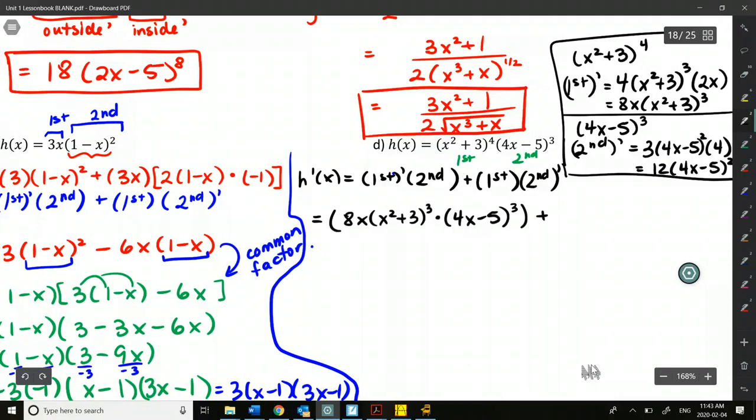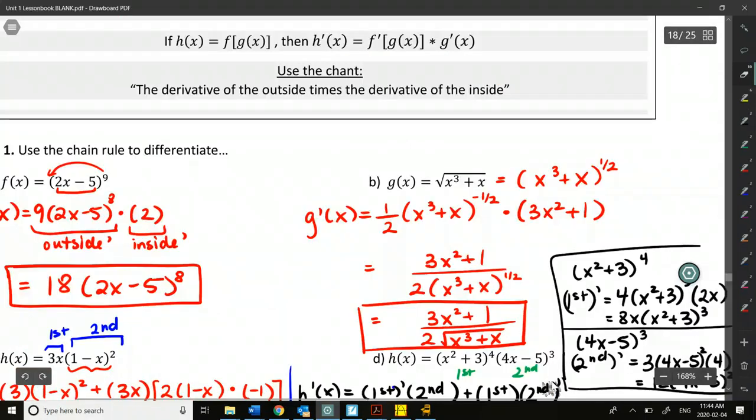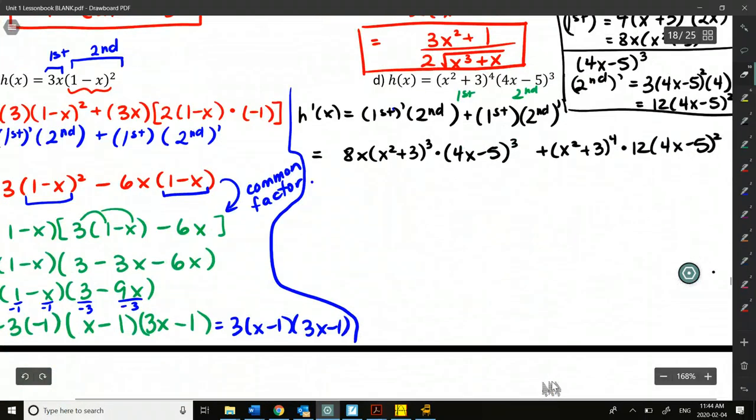Okay, so derivative of the first, which we found above, times the second, plus the first, just as it is, times derivative of the second, so multiplying by this guy here. And I guess we actually don't really need these extra brackets on the outsides of these. It's not really necessary. If you want them, you can put them in.